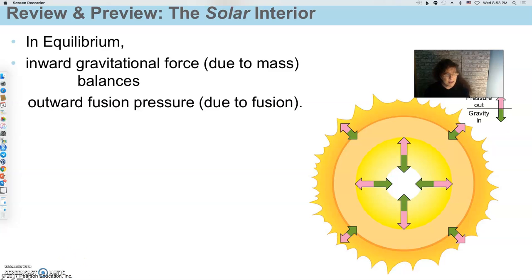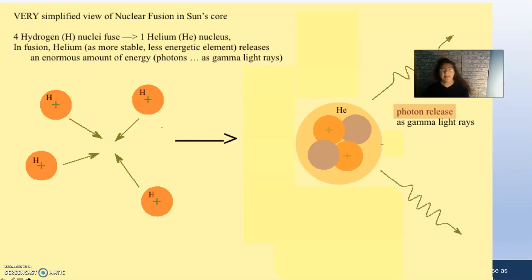And that fusion is due to the insane temperature at the core of the sun that is fusing together hydrogen atoms to produce helium atoms. And in fusing together 4 atoms into 1 atom, you're dramatically lowering the energy level of the new helium atom. 4 atoms into 1 means that you will release energy in the form of photons.